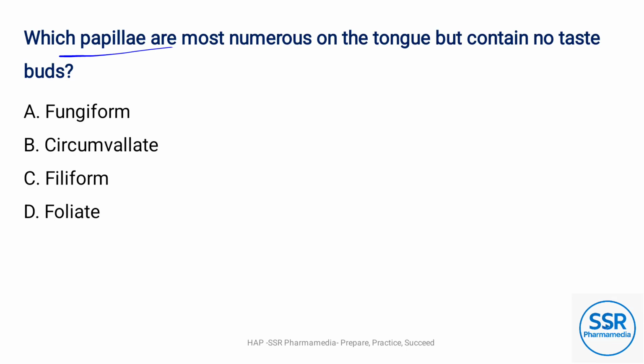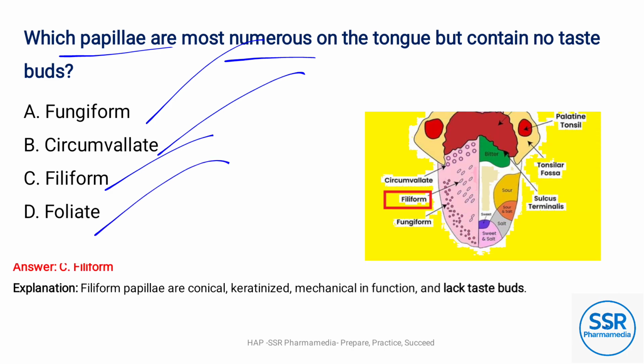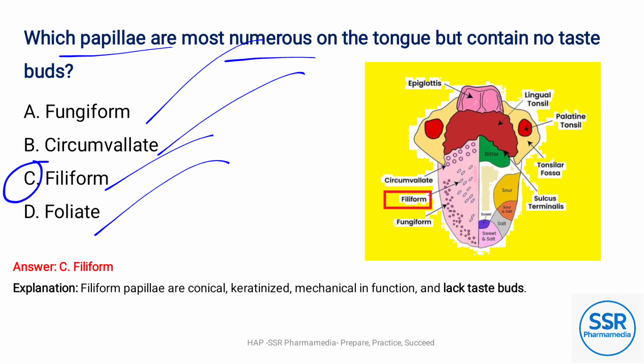Which papillae are most numerous on the tongue but contain no taste buds? Option A, fungiform. Option B, circumvallate. Option C, filiform. Option D, foliate. The answer is option C, filiform.